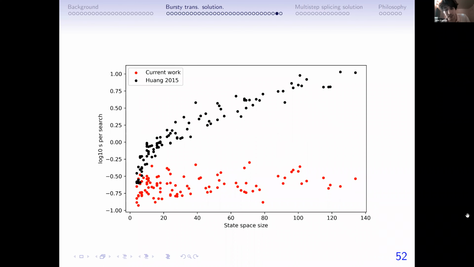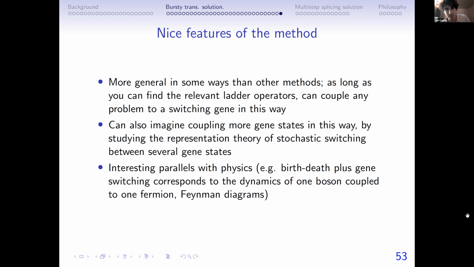And this means that not only did I do some fancy math, but maybe it's useful. There's some other nice features of the method. I think it's more general than some other ones. If you can find the relevant ladder operators for the original two problems, you can combine whatever you want this way. You can extend this to more gene states, maybe, if you understood the math of that.